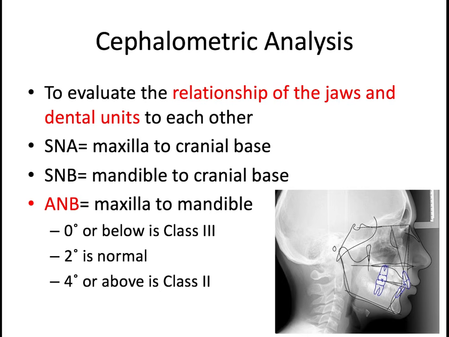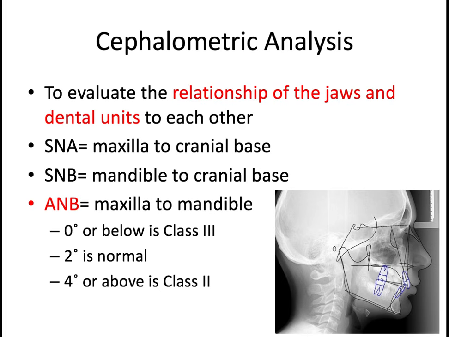So probably the most important use of the cephalometric is a cephalometric analysis. This is used to evaluate the relationship of the jaws and the dental units to each other. This used to be done on acetate paper, but today we use computer software and mark all of those landmarks we just went over, and then the software would develop a tracing from which you can gather all these linear and angular measurements.